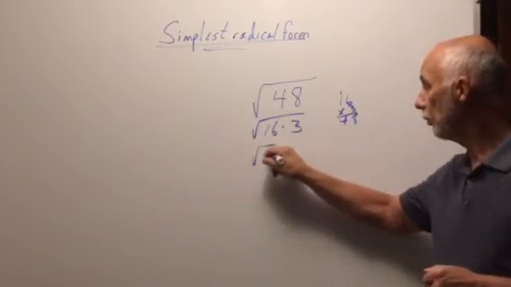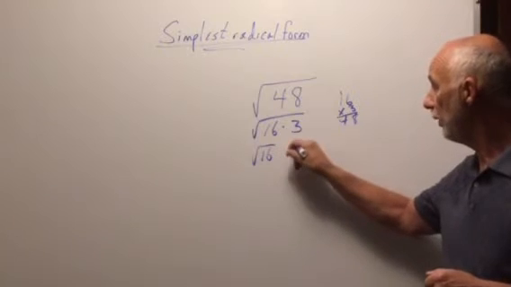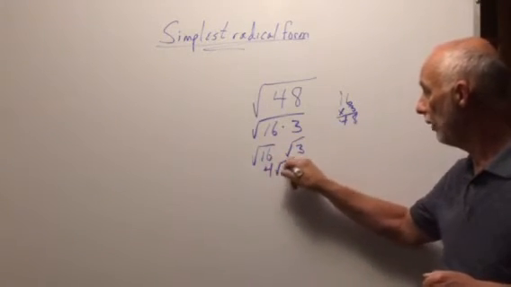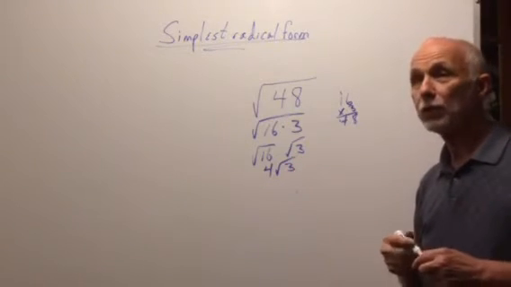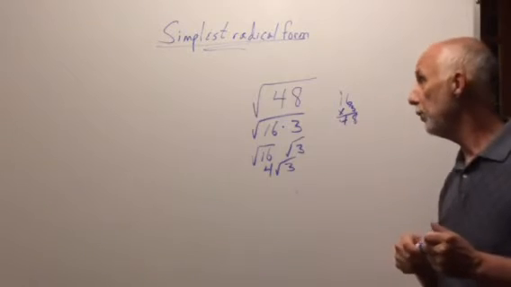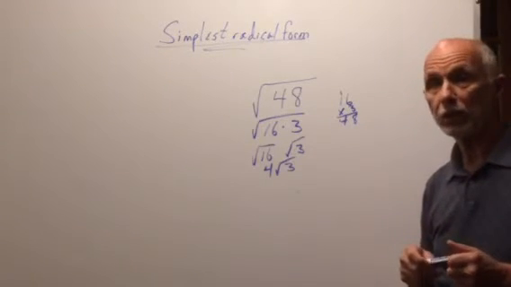And then you could go with the square root of 16 times the square root of 3. And the square root of 16 is 4, so you get 4 times the square root of 3. Now that's great if you're a person who can see that. And by the way, there's a couple of you who might have known 16 goes into 48.